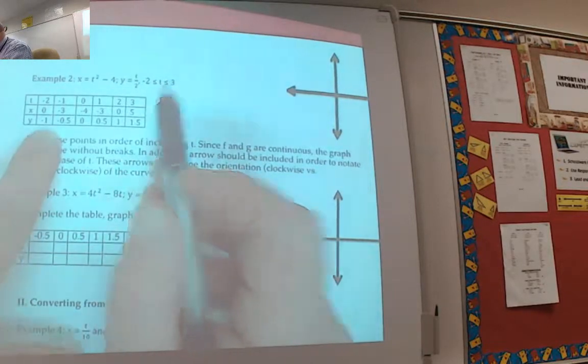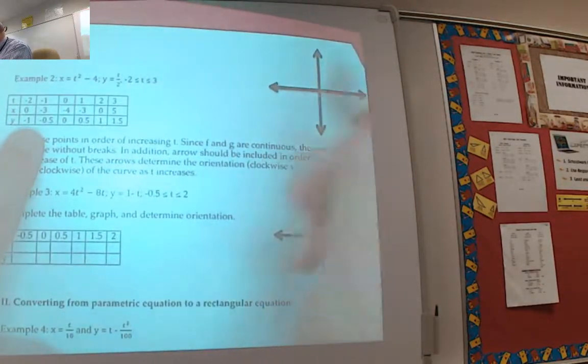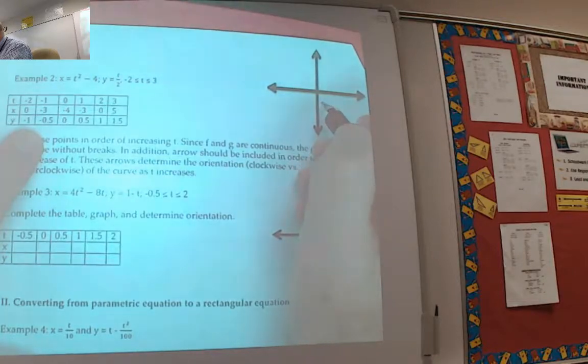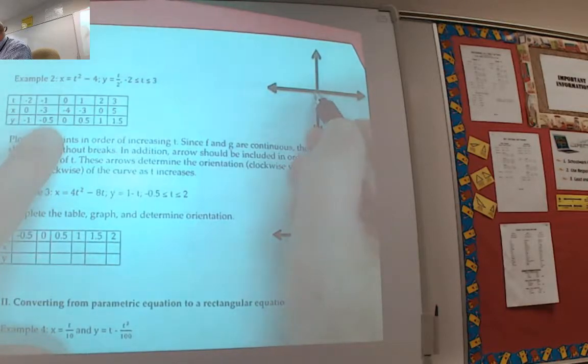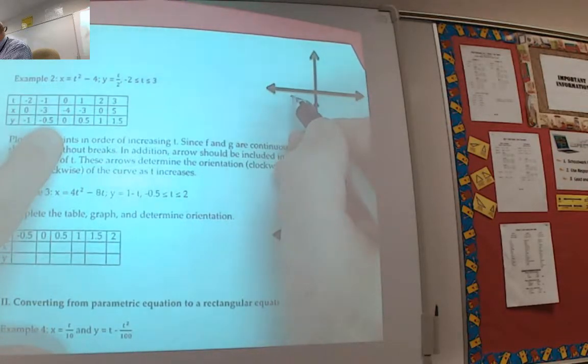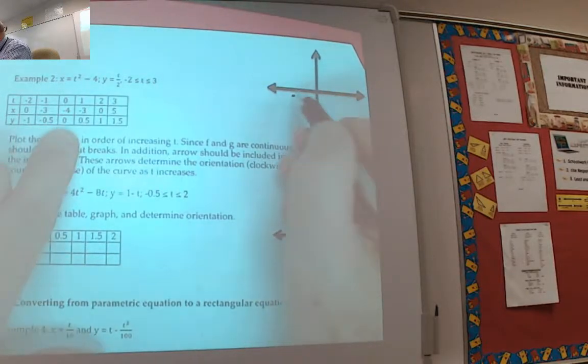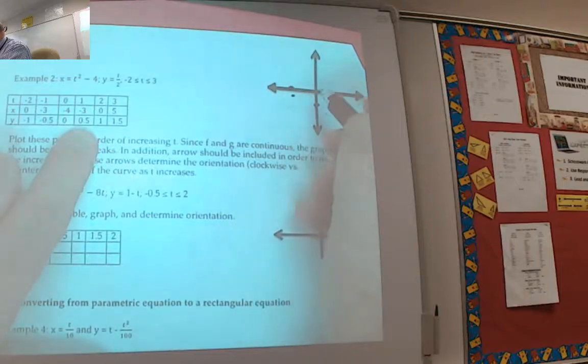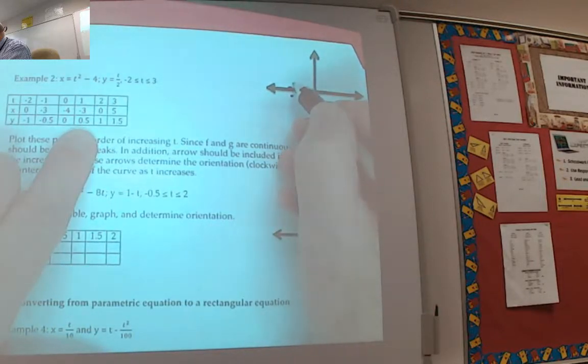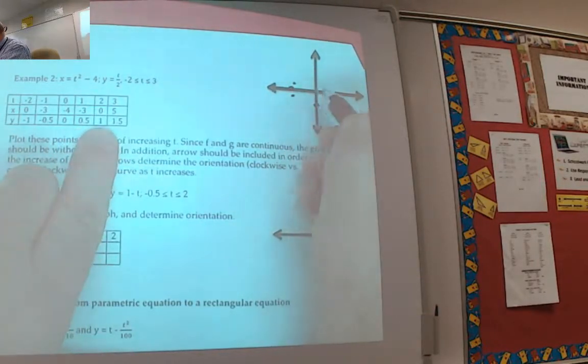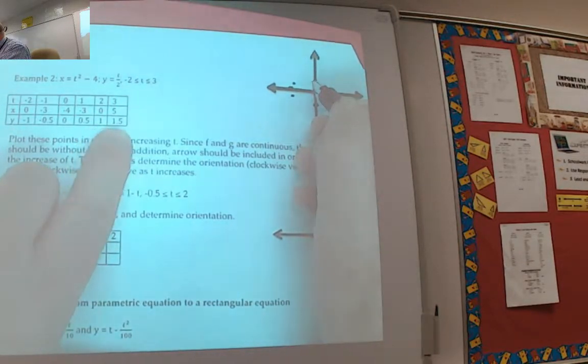So if I were to plot these, first of all, my point would be 0, -1. My next point would be -3, -0.5, and -4, 0, -3.5, 0, 1, and then 5 and 1.5.